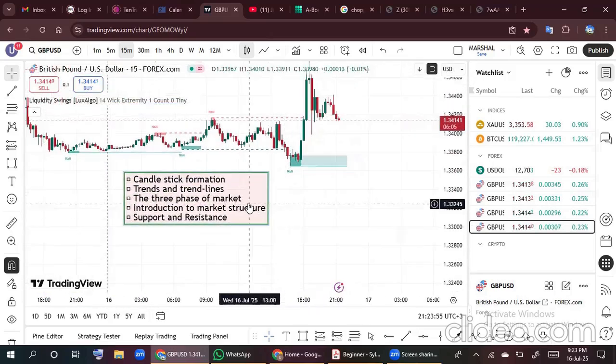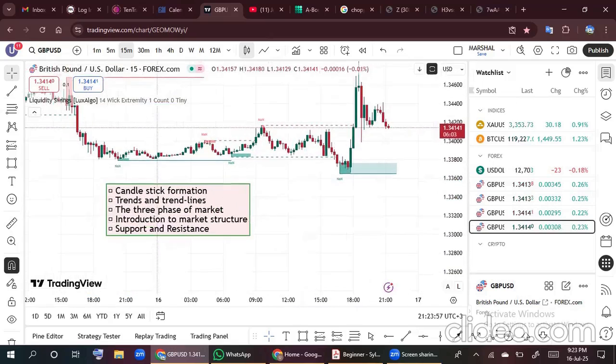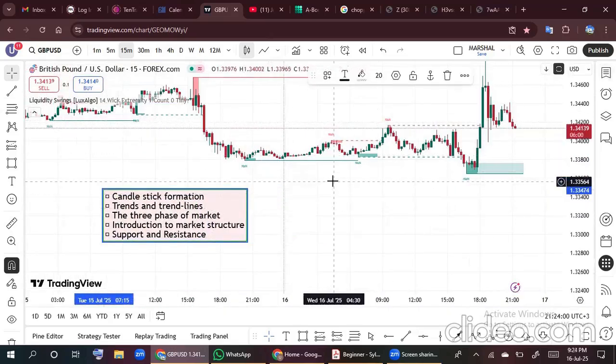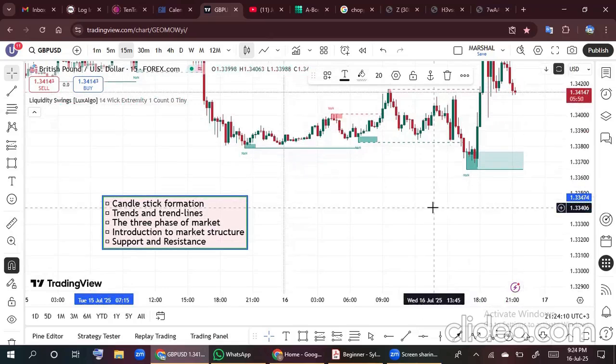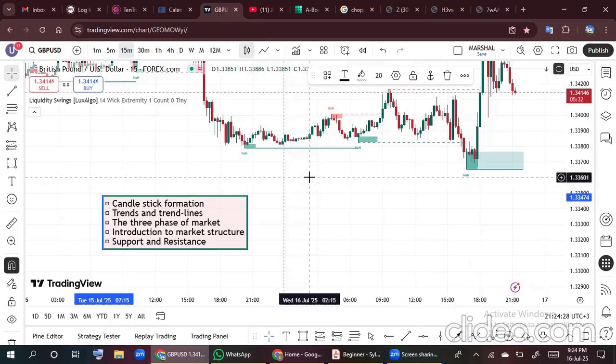I just did a brief summary of what happened in the market today. So let's go to what we're supposed to talk about. We already talked about the three phases of the market, which are the uptrend, downtrend, and consolidation, or what is it called now? A ranging market. Then we have the choppy market, right?